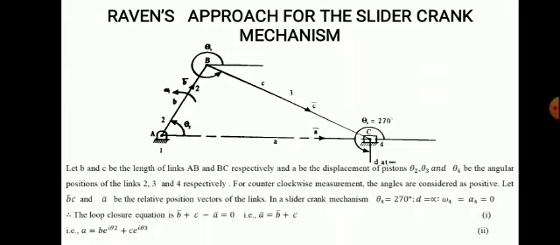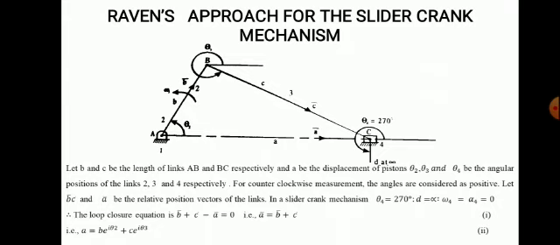Now, b is the length of the link AB, c is the length of the link BC, and the slider will move in the horizontal direction, and a be the displacement of the piston.